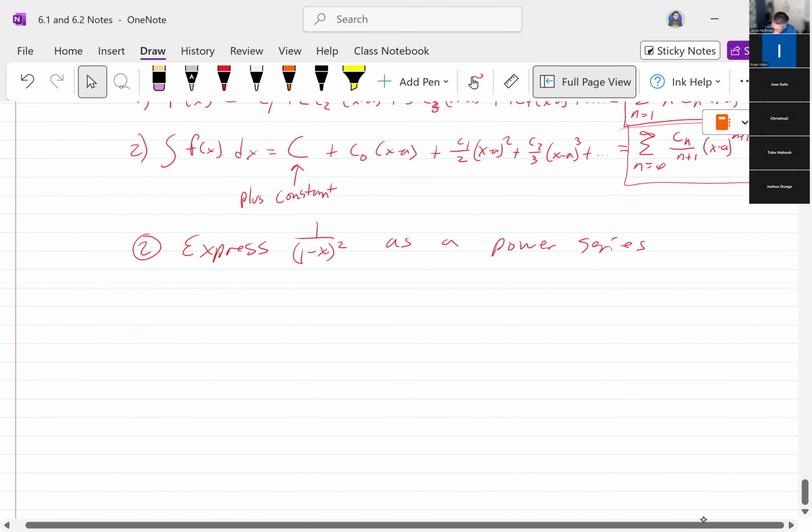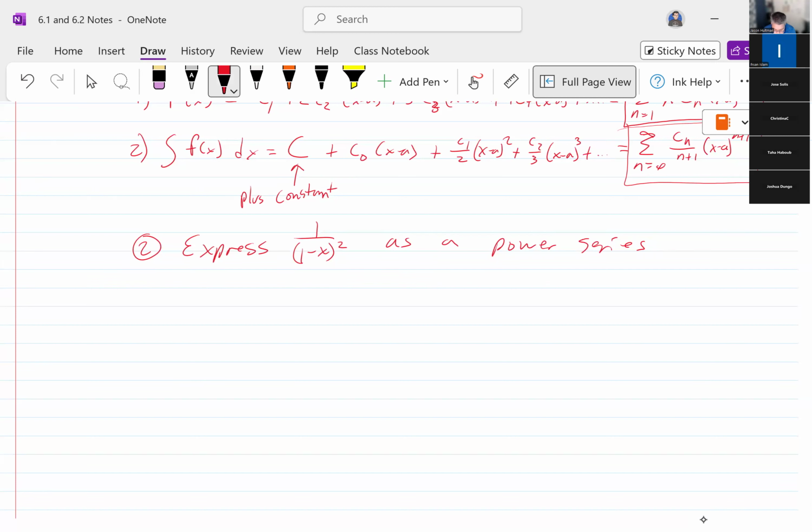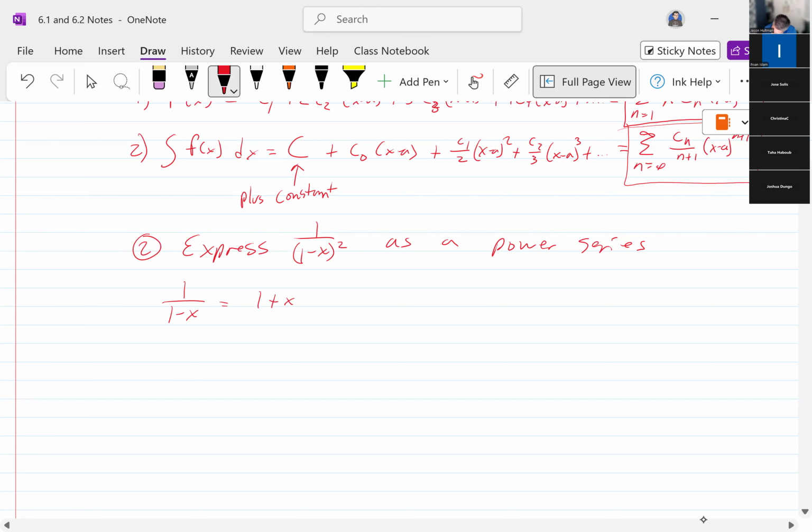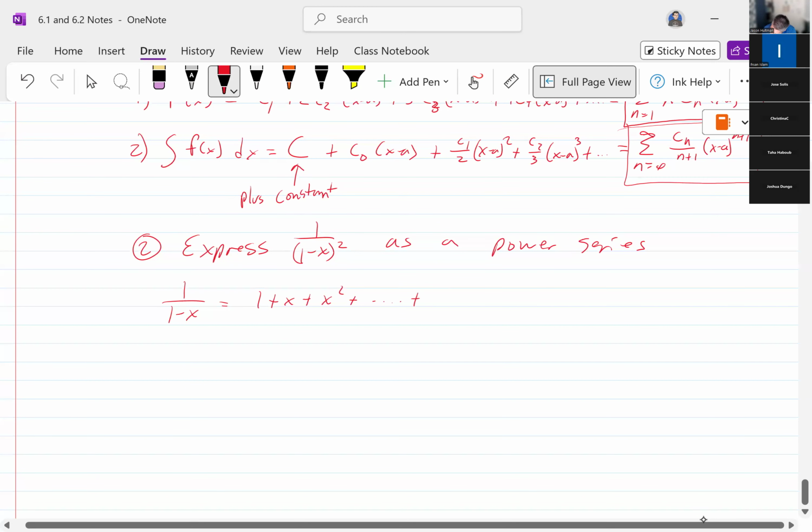Let's look at the original series, 1 over 1 minus x. 1 over 1 minus x is equal to 1 plus x plus x squared plus dot dot dot plus x to the nth plus dot dot dot.